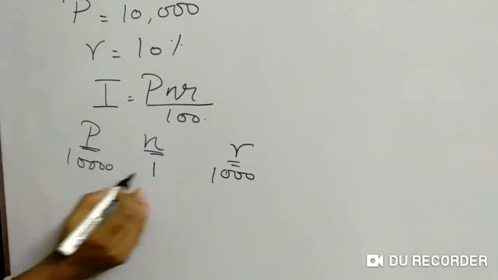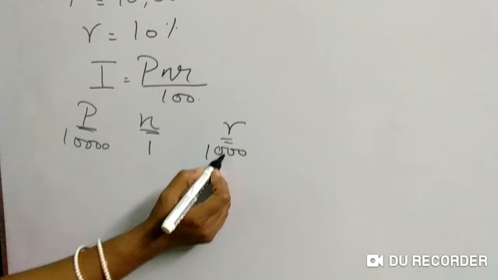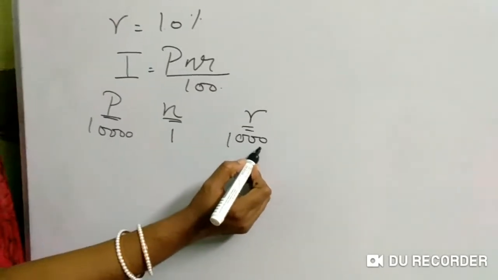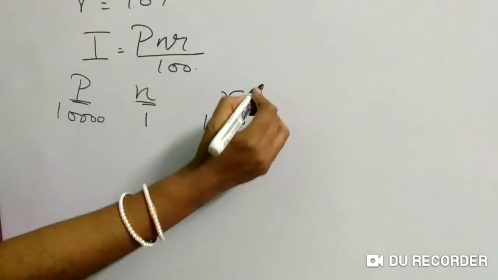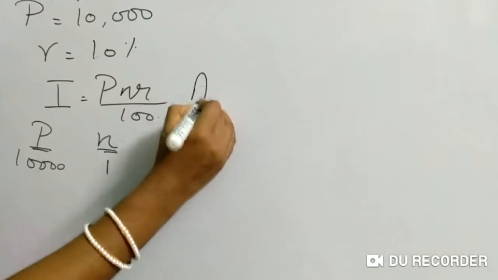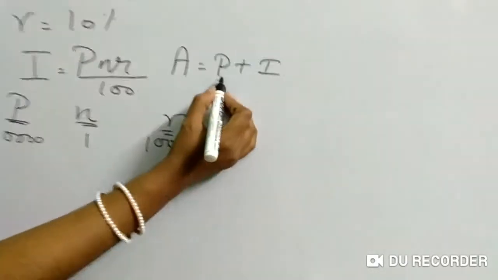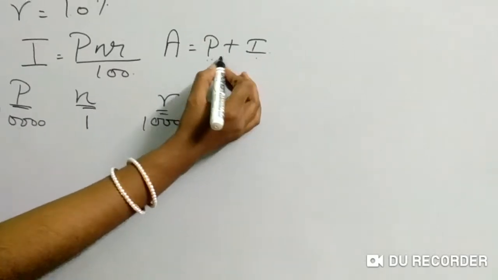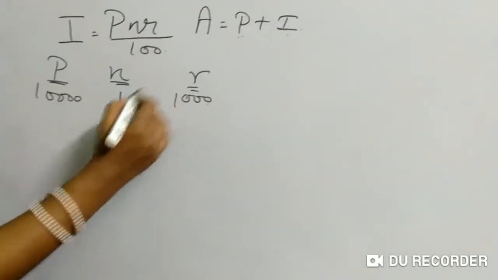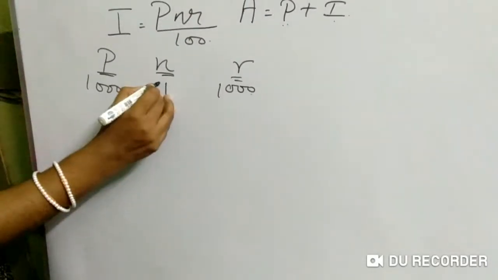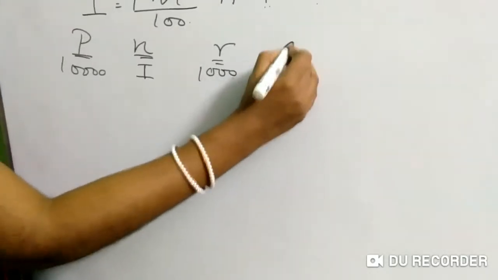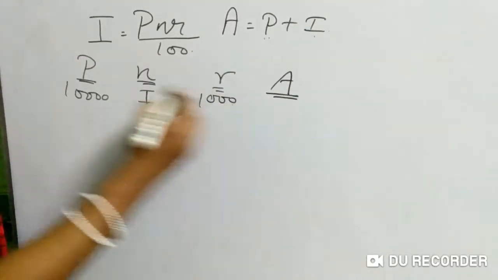So for 10,000 rupees for the first year, we want to pay the interest as 1,000 rupees. And you know the formula already for amount also. Amount is equal to P plus I, that is principal plus interest. So at the first year end, we receive the amount or we pay the amount, whatever it is.